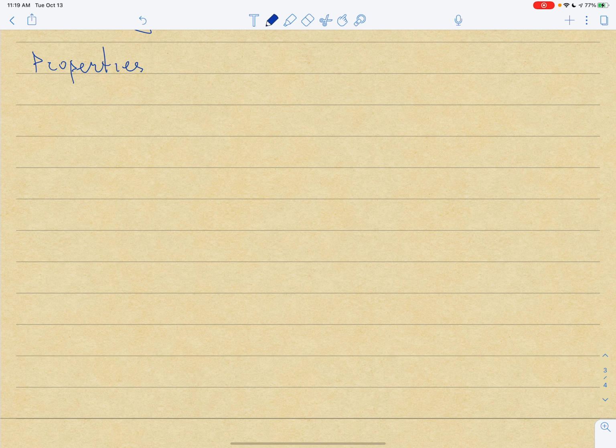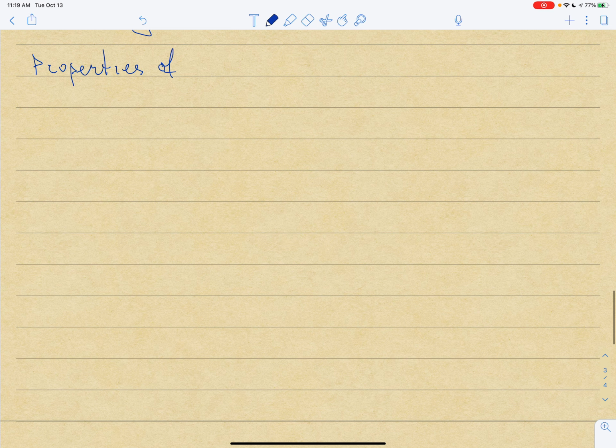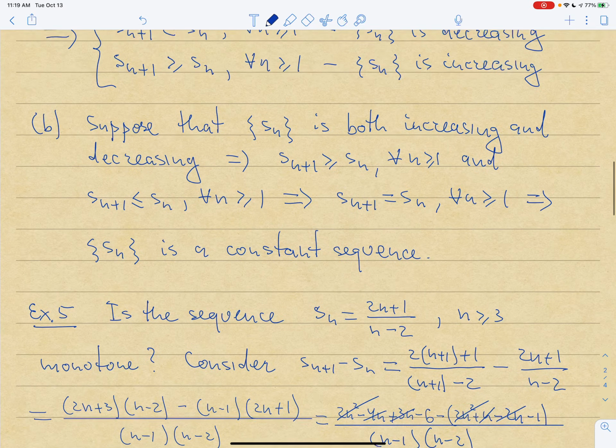Why do we actually single out these sequences? And for that, let's look at the examples that I just proved.